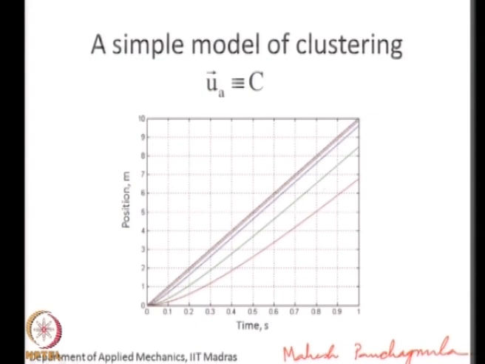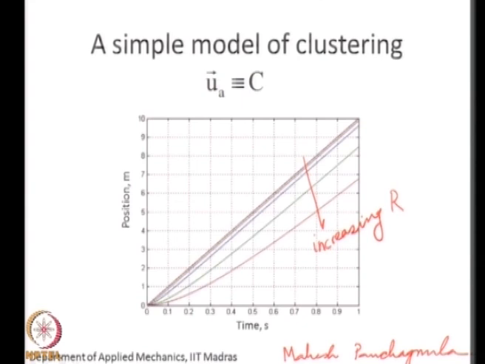Now, these are increasing drop size, so increasing r in the previous model. As r increases, if the air velocity is constant, first of all I do get the position increasing linearly with time.